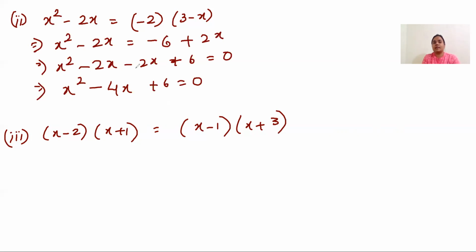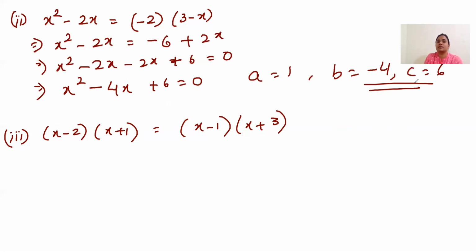So again, it is satisfying our basic structure, ax square plus bx plus c is equal to 0. In this case, our a is 1, b is minus 4 and c is 6. And this is a quadratic equation because it is satisfying ax square plus bx plus c.